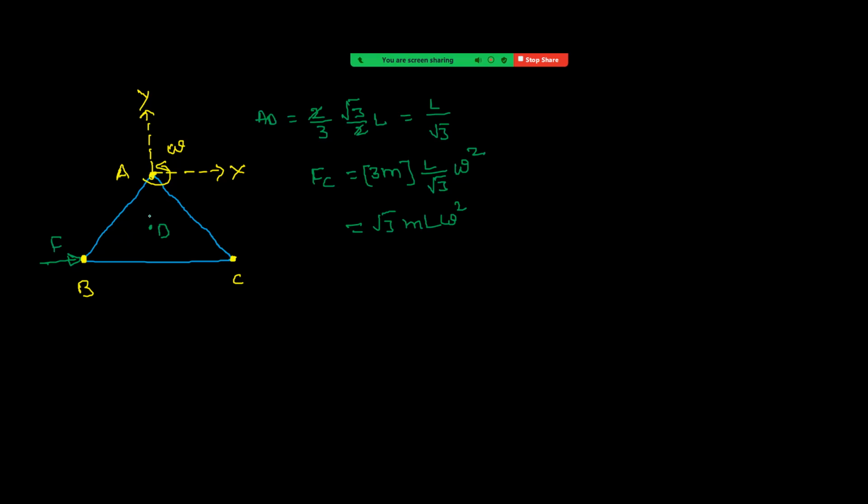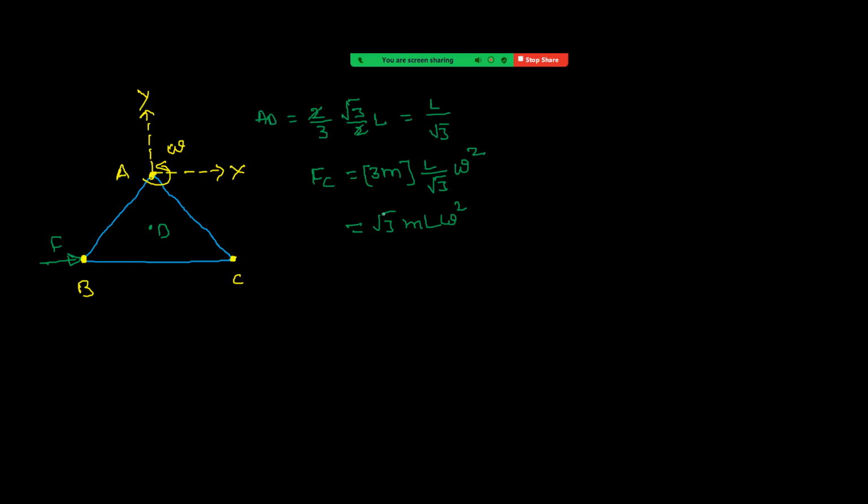Again, see carefully. Before the force was applied, omega was constant. Just after applying the force, omega does not change, since we are making the calculation just after applying the force.